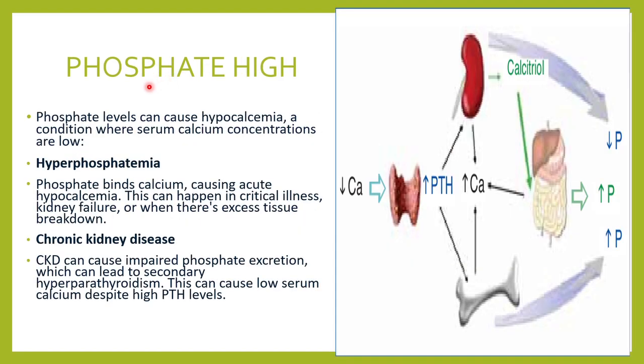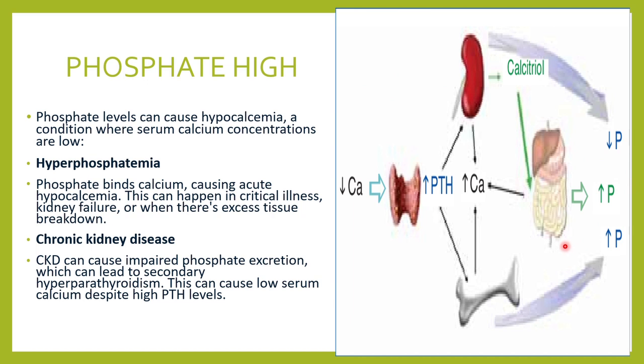So when the phosphate levels are high, they can lead to hypocalcemia. This hyperphosphatemia will bind with the calcium, causing low calcium levels in the serum. Suppose there is a kidney failure, or a critical illness, or an excess tissue breakdown, etc.; the higher level of phosphates can combine with calcium and lead to low calcium level.